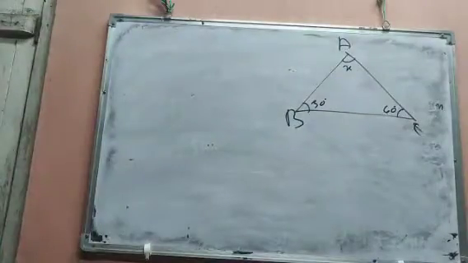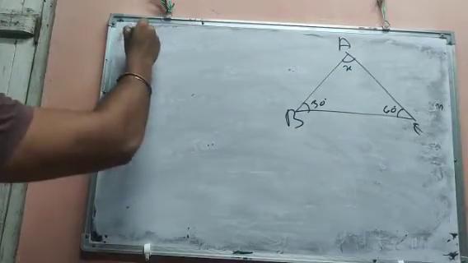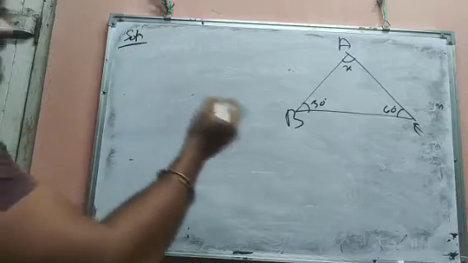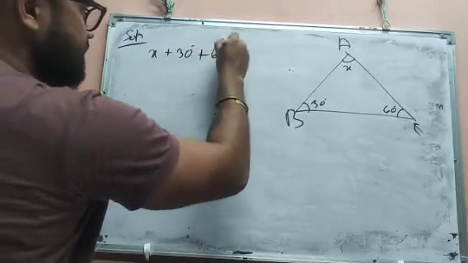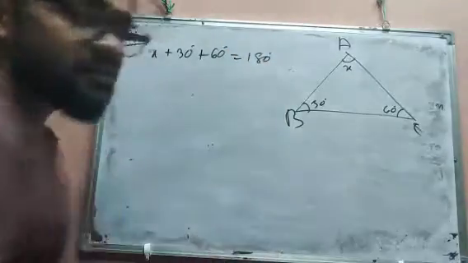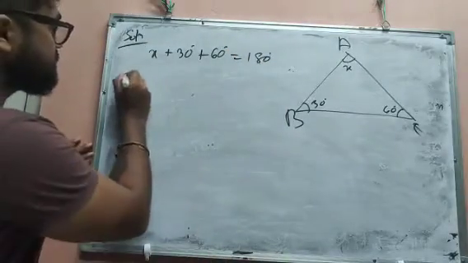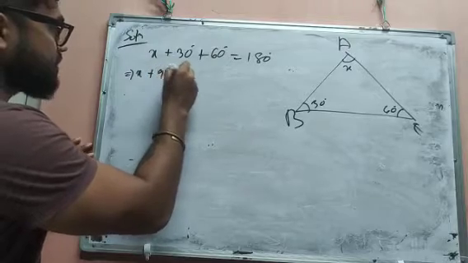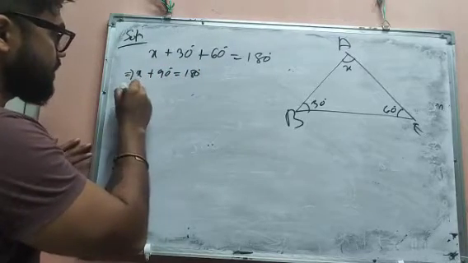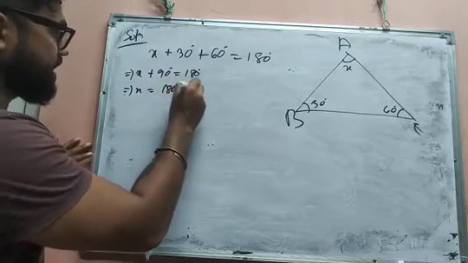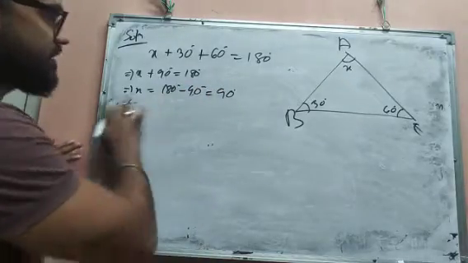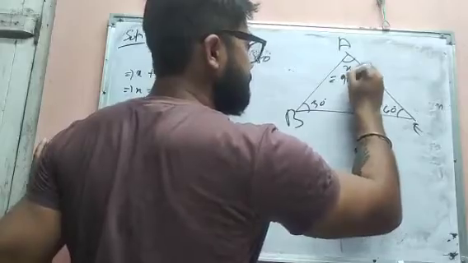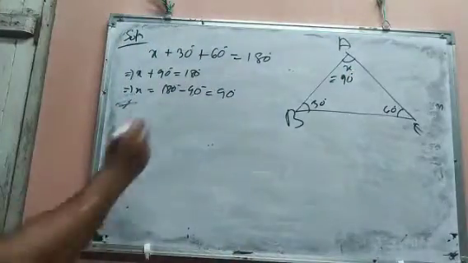So to get this solution, you will get x plus 30 degree plus 60 degree equal to 180 degree, because the sum of three angles of a triangle is 180 degree. So x plus 90 degree equal to 180 degree, or x equal to 180 degree minus 90 degree equal to 90 degree, so x equal to 90 degree, which is our required answer.